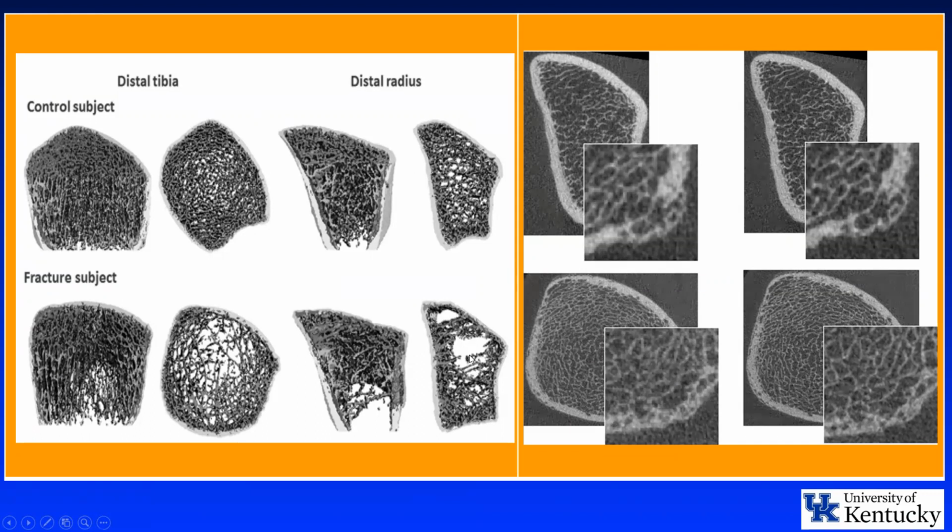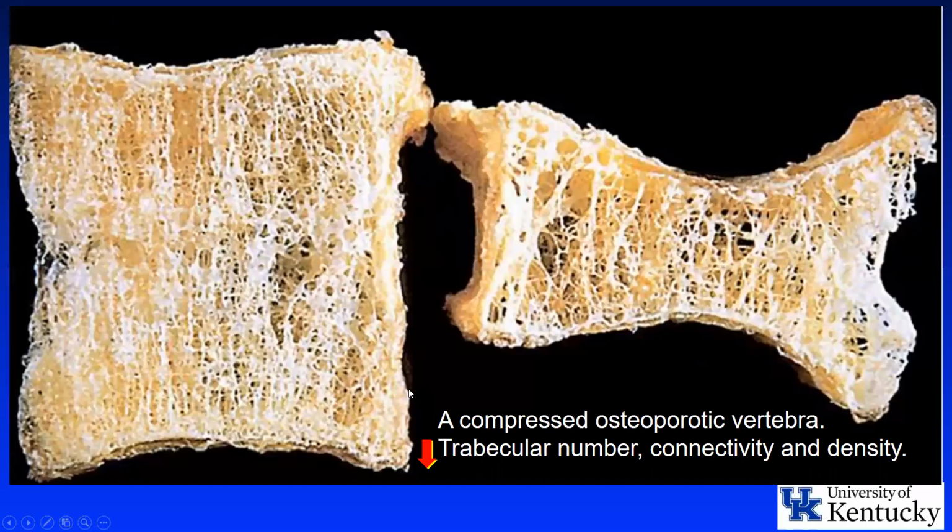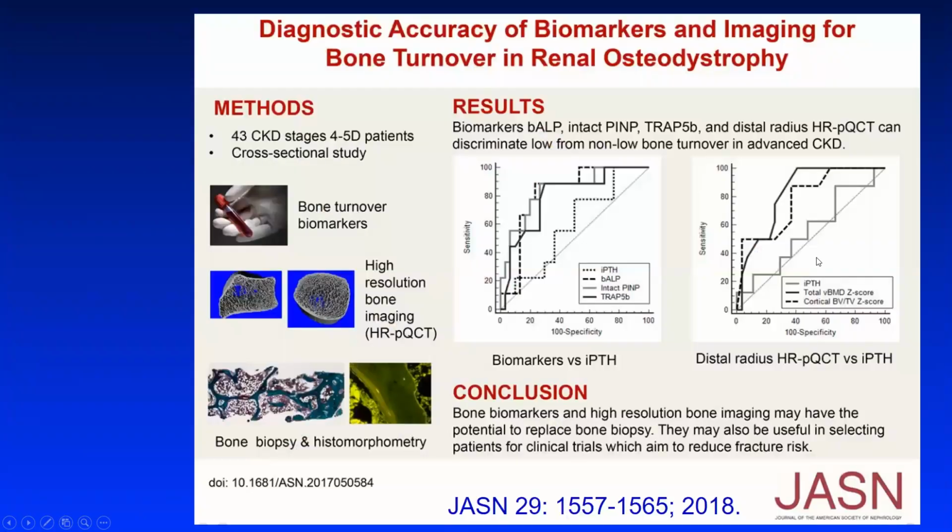You see the difference in the cortical and in the trabecular bone. Here is another image for a vertebra that is compressed in an osteoporotic patient, and you can see the difference in the volume with the CT exam, and also in the trabecular number, connectivity, and the density.